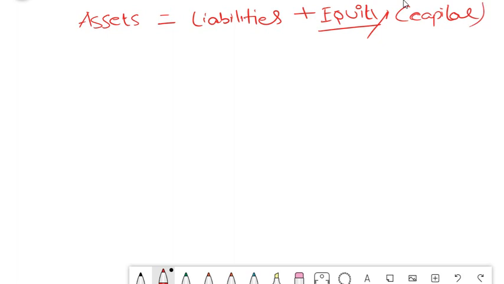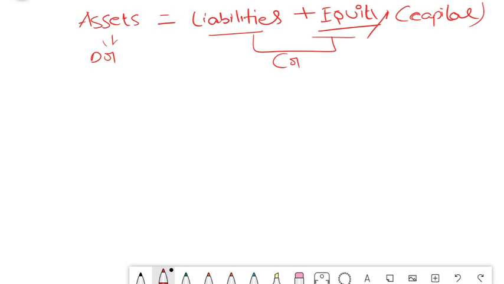Assets should be equal to liabilities plus equity. Liabilities and equity both form the credit side of the balance sheet. Assets form the debit side of the balance sheet. Assets will have a debit balance, liabilities and equity will have a credit balance, friends. So assets should be equal to your liabilities plus equity. Equity is nothing but your capital, which you see on the credit side of the balance sheet.